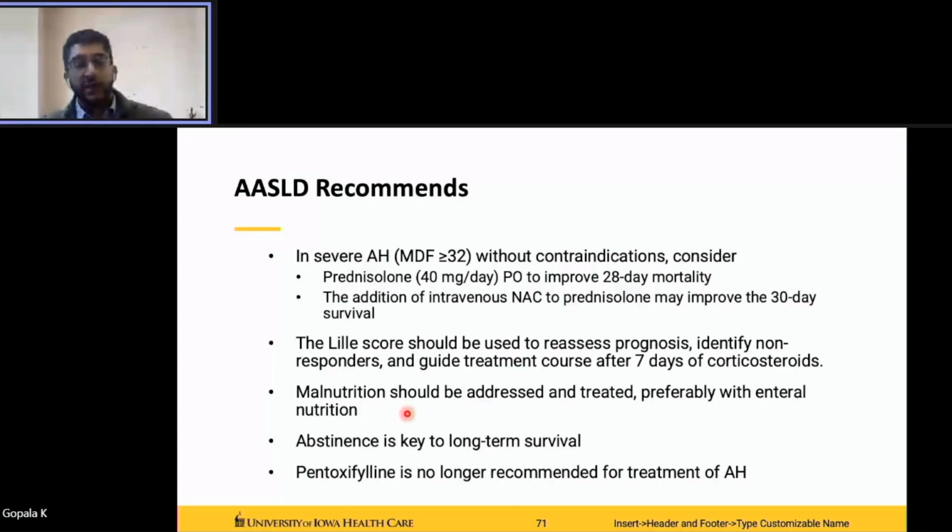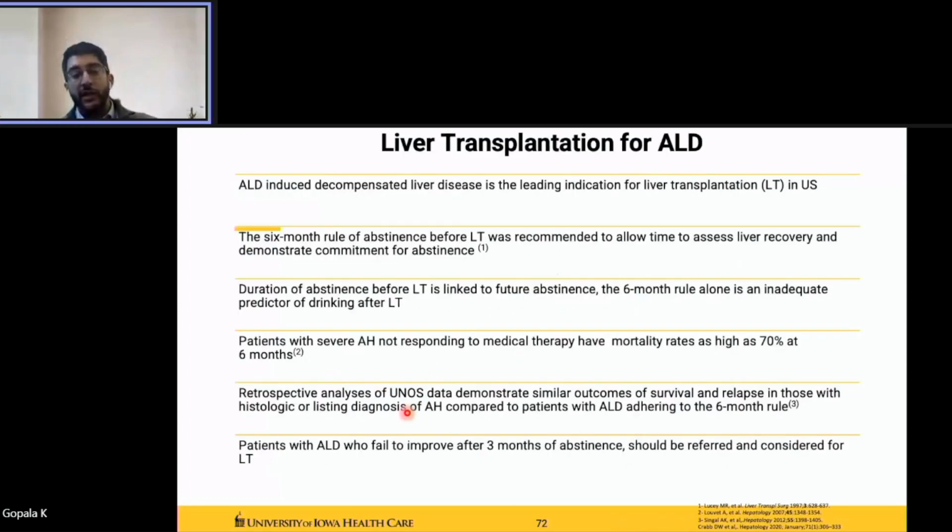And I do want to talk about liver transplantation in alcohol liver disease or acute and severe alcohol-related hepatitis. Previously in liver transplant centers, there was an arbitrary 6-month rule to allow for liver recovery and demonstrate commitment to abstinence, but that's no longer the case.